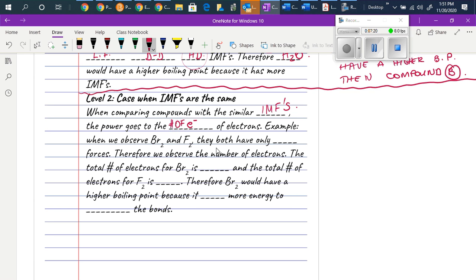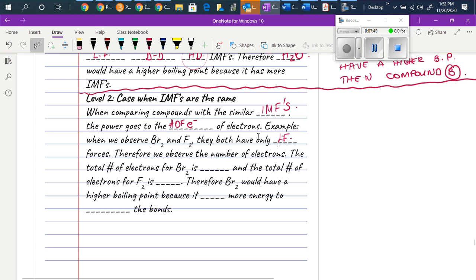So in the case of boron and fluorine, the only type of force we have here is London forces. We don't have any other type of forces. The dipole is equal to 0 because they are nonpolar molecules, so the electronegativity difference between the atoms is equal to 0.